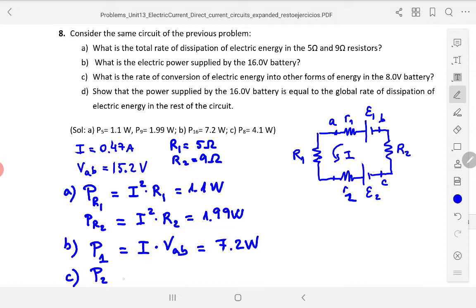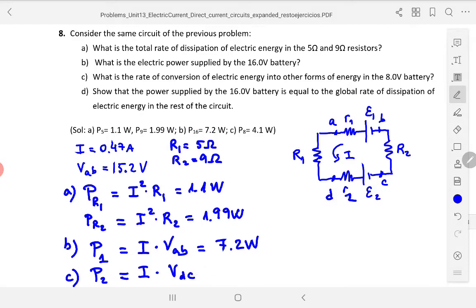It can be converted into thermal or chemical energy, and is going to be equal to the intensity across this battery times the potential drop across it. So if we call this point D here, this power loss is going to be the intensity times VDC.